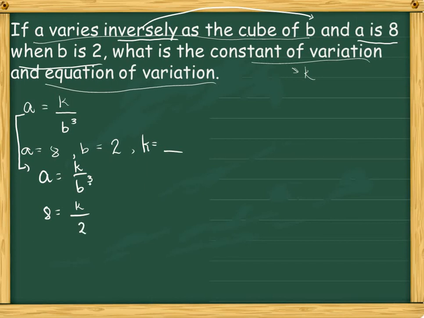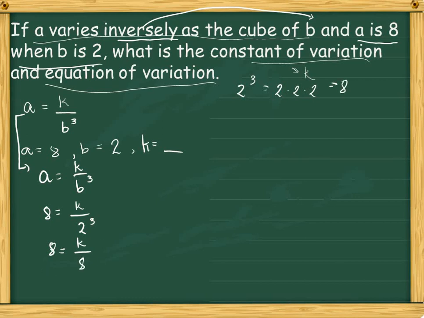Take note, si b ay naka-cube. So, 8 is equals to k over, let's simplify 2 cube. So, pag in-expand natin sa 2 cube, that is 2 times 2 times 2. Bakit tatlong 2? Kasi the exponent is 3. So, 2 times 2 is 4 times 2 is 8.